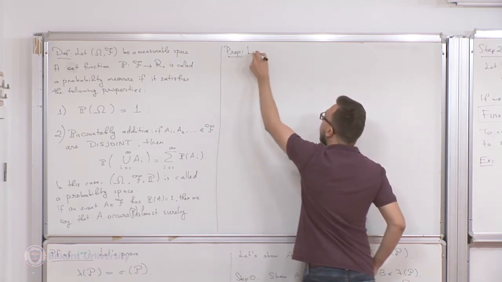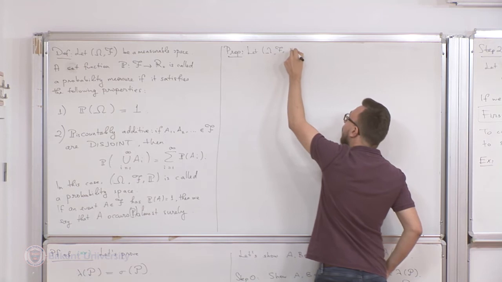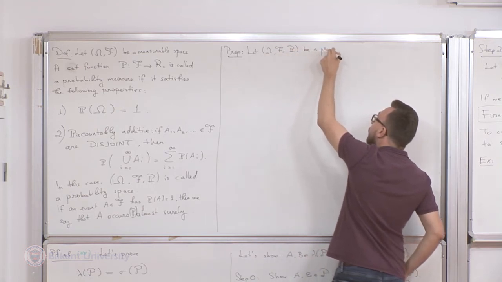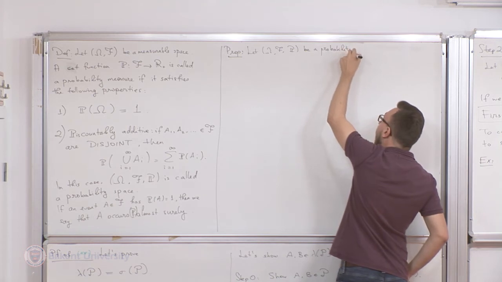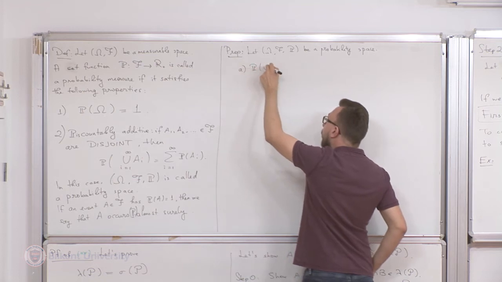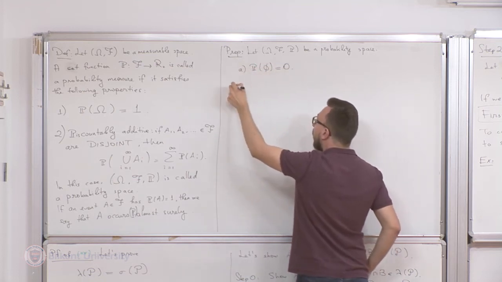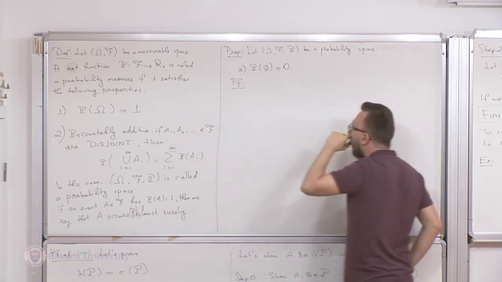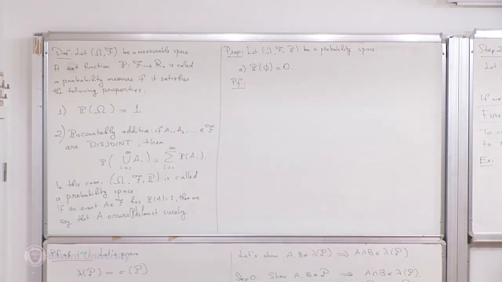So let (Omega, F, P) be a probability space. Let's do probability of empty set being 0. How can we prove it using 1 and 2? Any volunteers? So you have countable additivity, and you have property 1. So how can you prove that the probability of empty set is 0?